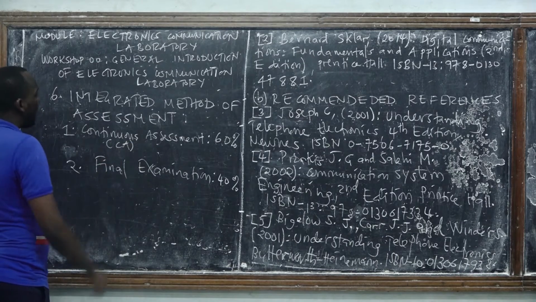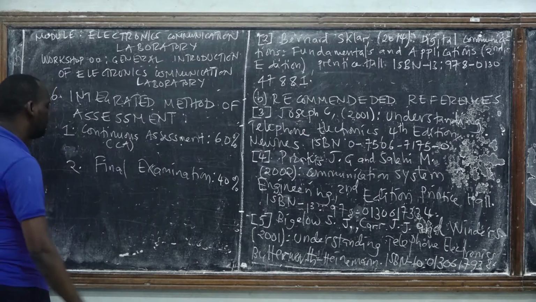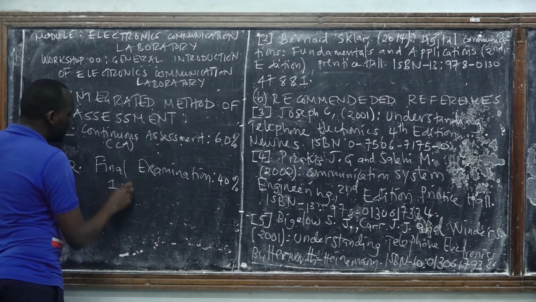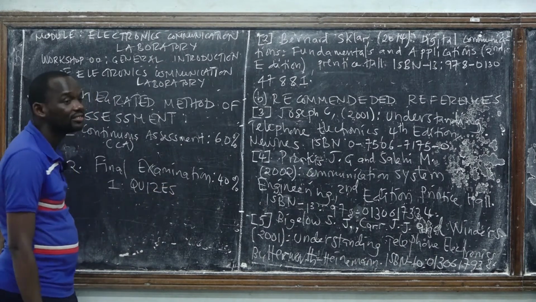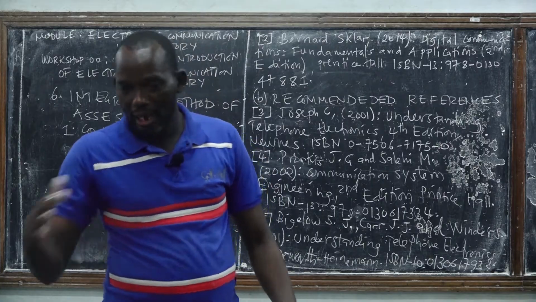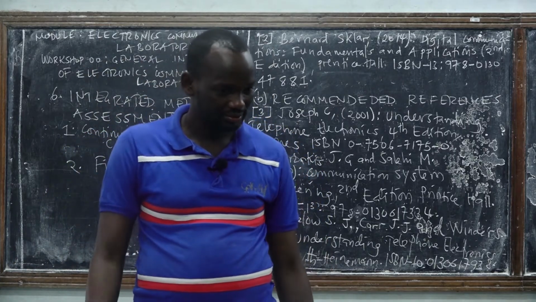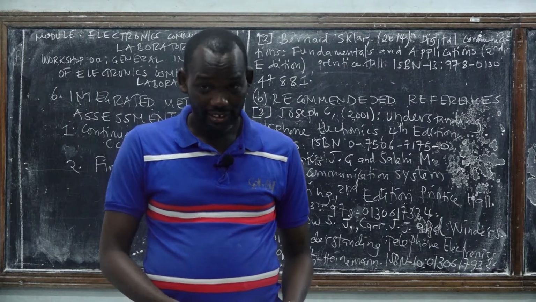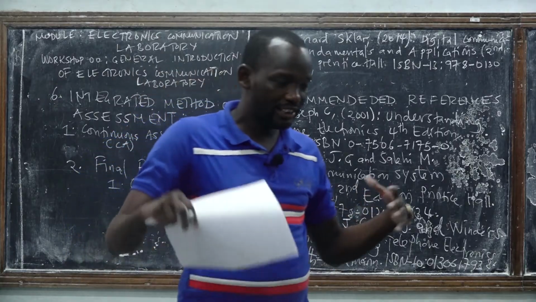So how am I going to assess you, the method of assessment for continuous assessment? In this module, I will give you quizzes. And there is no makeup for the quiz. If you miss it, you have missed it. That's all. And according to the laws of quiz, actually there's no date.